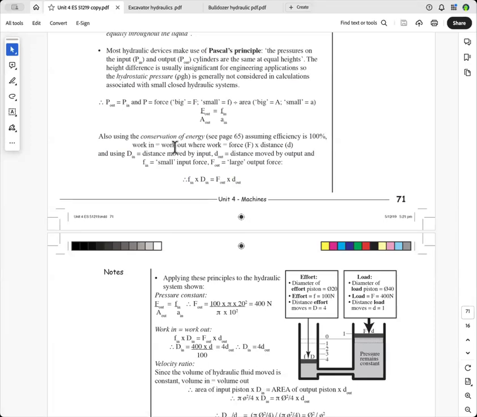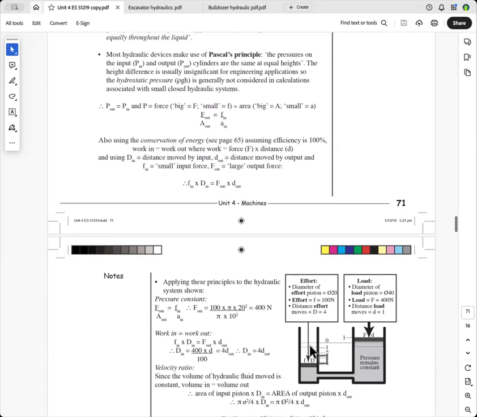And you know that work is force times displacement. And so we've got work in. So we've got a small force in multiplied by a big distance in. You can see that you move 4 times, and we'll see this in a minute.